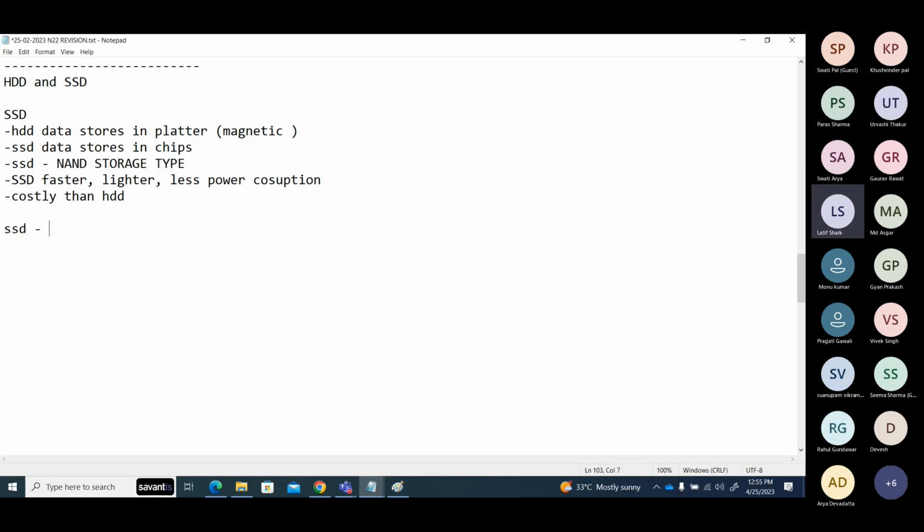SSD has two interfaces: the SATA interface and the M.2 NVMe type of interface. M.2 is faster than the SATA interface. Hard disks have two types, PATA and SATA. SSDs have SATA and NVMe M.2. Why is NVMe M.2 faster?